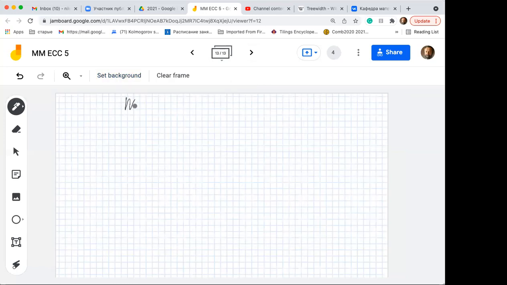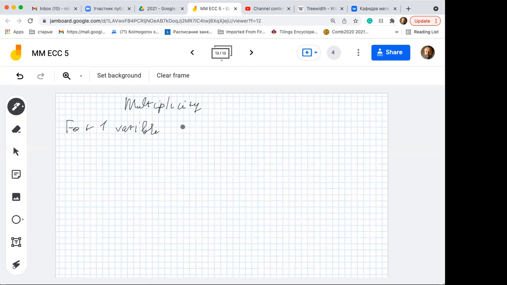So how do we define multiplicity? For one variable, this is quite a known notion.